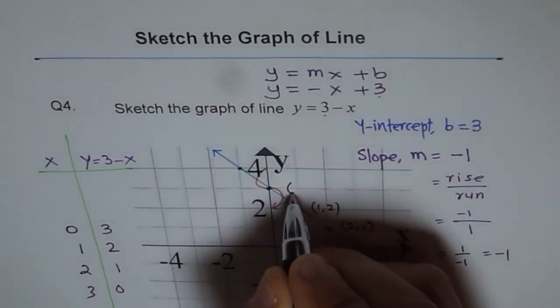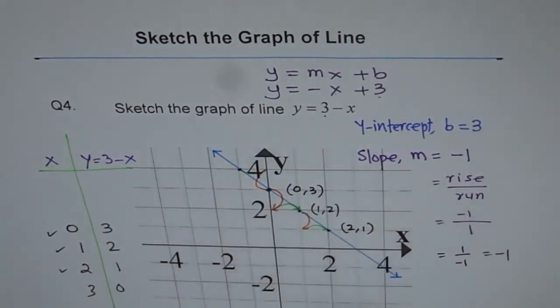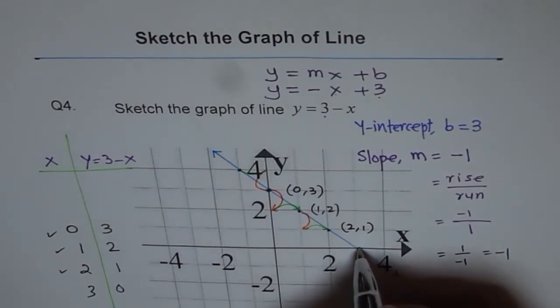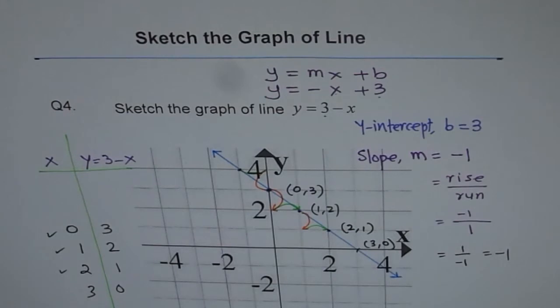And that is your 0, 3, correct? So we got these 3 on our line, correct? You want to check the fourth one? Yes, this is 3, 0, correct? So like that, you can put the points and then connect them with the line and extend the line both sides by drawing arrows at the ends.